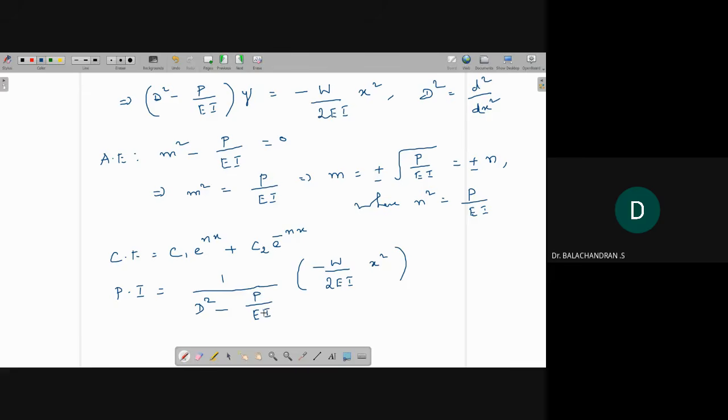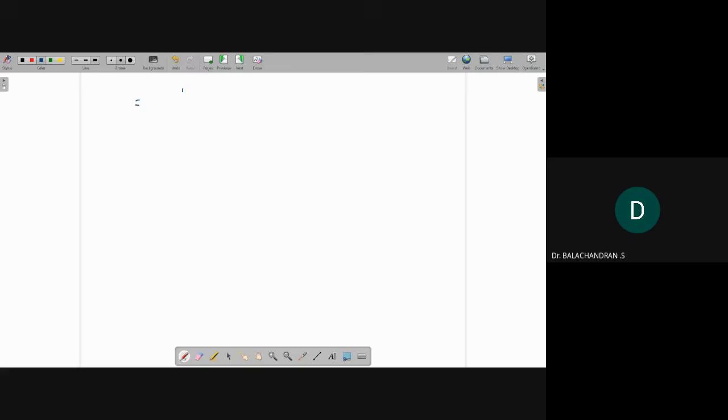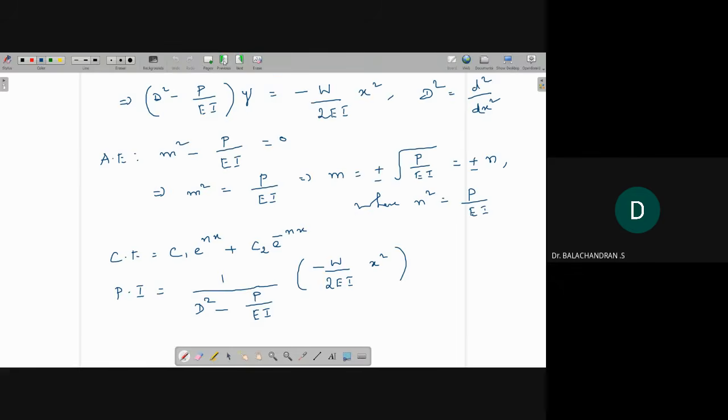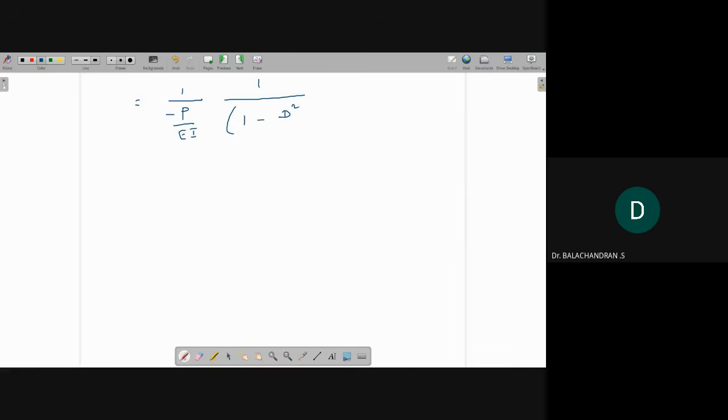P by EI is a constant, so let us take minus P by EI outside, which gives 1 by minus P by EI into 1 by 1 minus d square, divided by P by EI, into the right hand side, minus w by 2EI into x square.